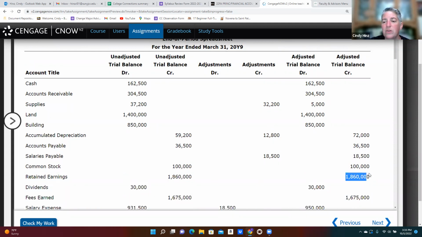We get to the retained earnings account, and the amount that's on this adjusted trial balance for the retained earnings isn't the ending balance, because it still includes the dividends and it doesn't yet include the income. So it is probably good practice when you're doing this by hand, as we are, to make sure that you enter those balances from the statement of stockholders' equity right away.